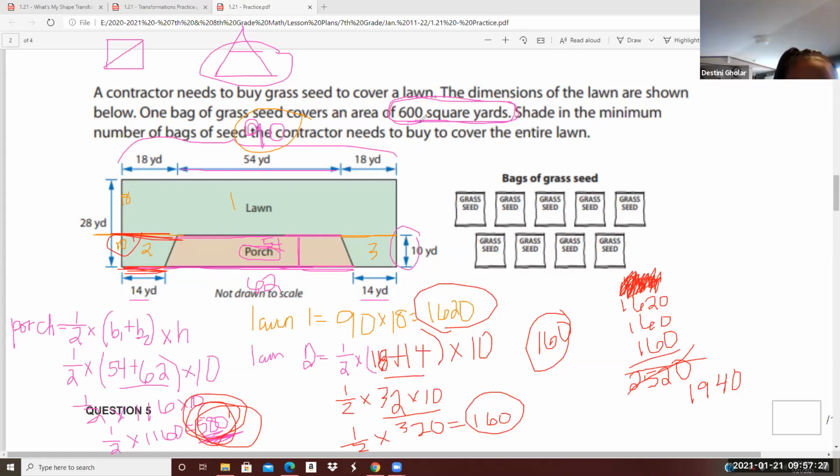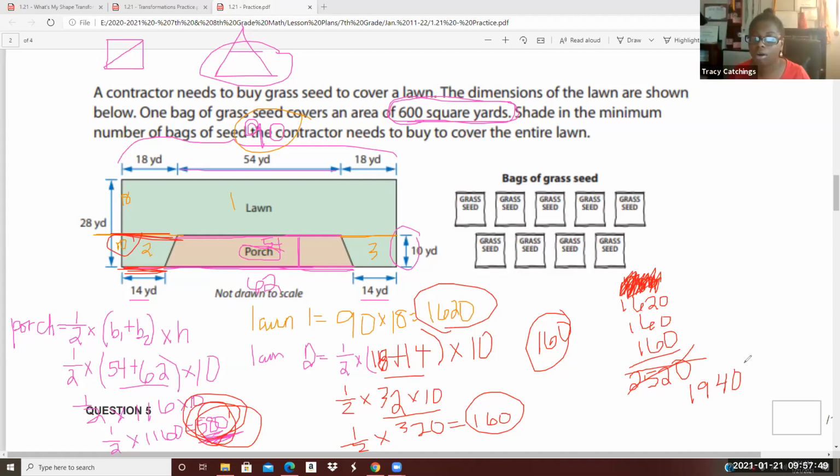They told us each bag has how much? Read the scenario. 600 square yards. Good job. So now what should we do with that value, 600? Subtract it? I'm not going to be subtracting 600 until I run out. Divide.